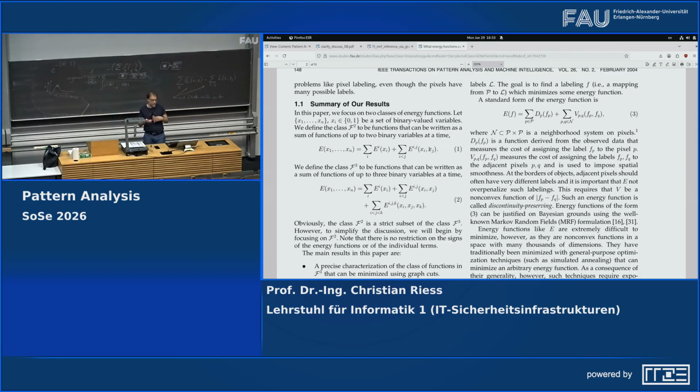Then something that is not really visible from this equation, but it's written somewhere else, is that it's only globally optimal if these are binary variables.